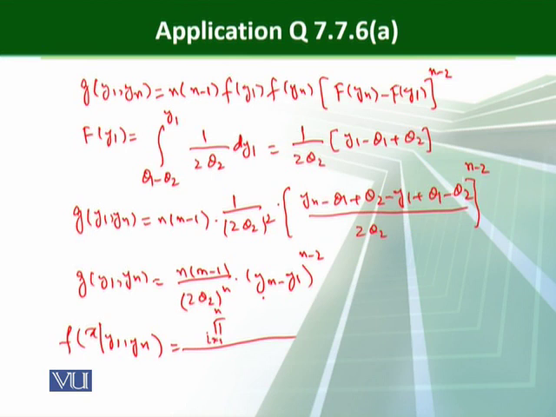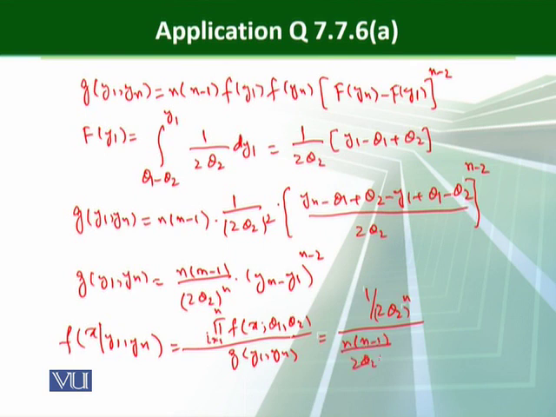For all samples we are going to find the distribution of the sample, f of x, theta 1, theta 2, over g of y1, yn, and that is actually equal to 1 over 2 theta 2 raised to power n, divided by n into n minus 1 over 2 theta 2 raised to power n into yn minus y1 raised to power n minus 2.